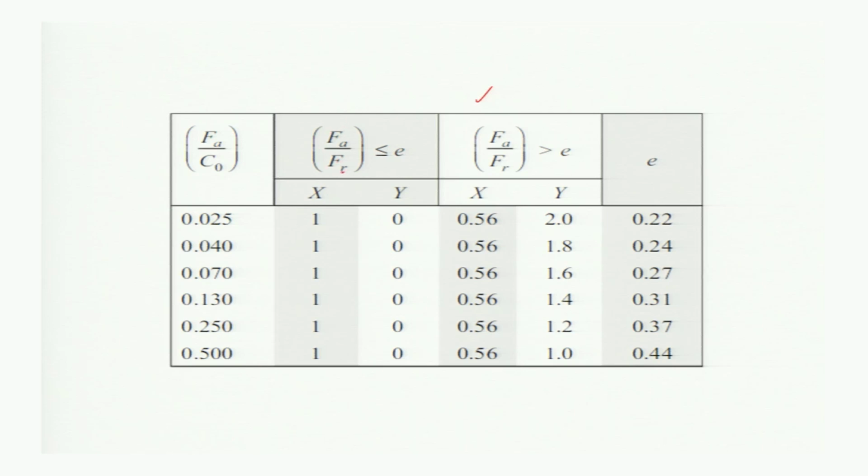So, we will determine the ratio Fa upon Fr, where Fa is the axial load and Fr is the radial load, and C0 is the static load capacity of the trial bearing selected.